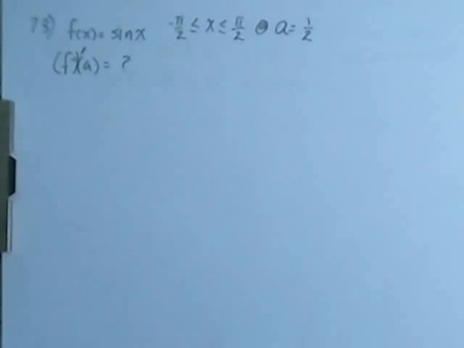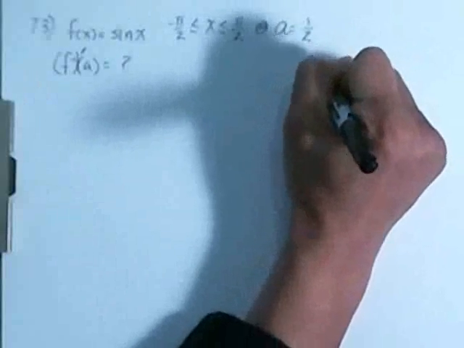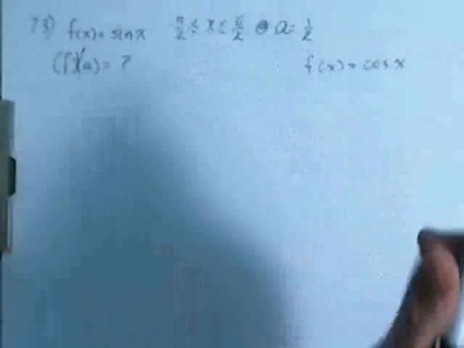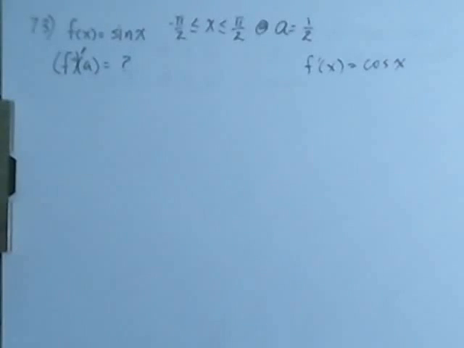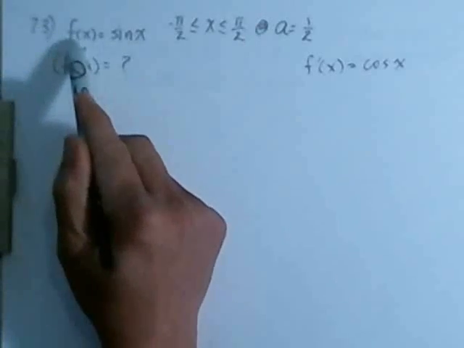I thought I had all of these problems kind of confused a little bit. Of course, we try to find f prime of x first. The derivative of the sine of x is going to be the cosine of x. That's from your basic trig derivatives. And you're going to set this value equal to 1/2.